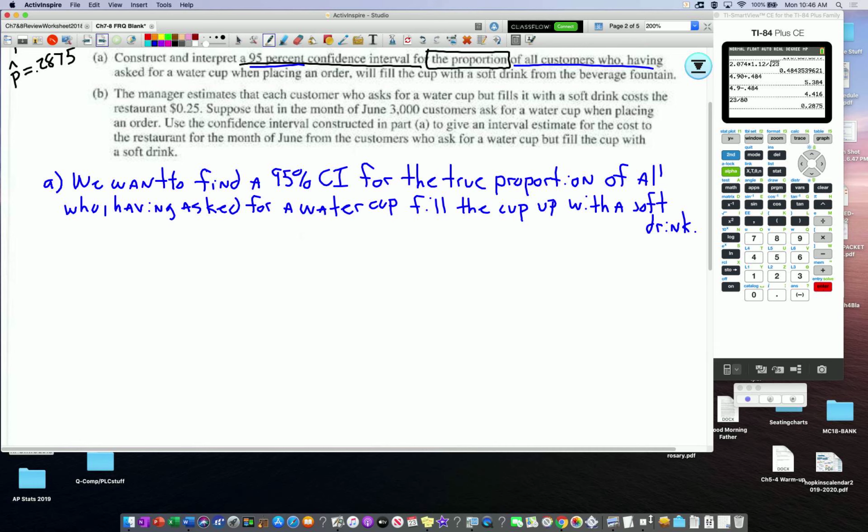All right, so there's the state, the plan. We will construct a 1 sample Z confidence interval for a population proportion, now that we're talking about a proportion.